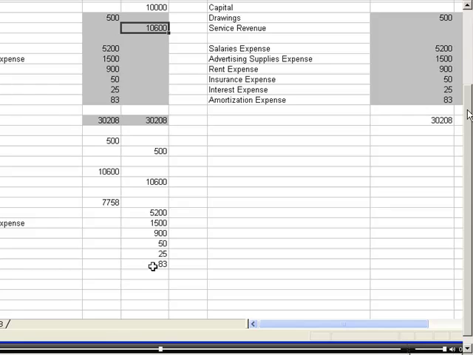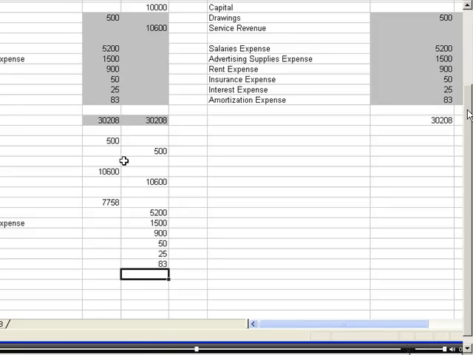Because we're going to have to post all this to our general ledger after, and rather than post them one at a time, we're going to take all our expenses together and find the total, and it's 7,758. I'm simply going to take that total and bring it there. So we've done the opposite to each account in order to bring it to zero.